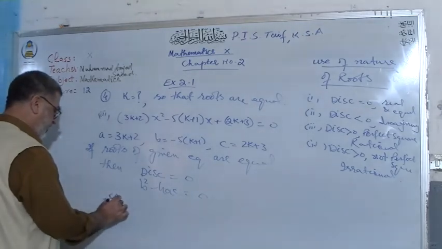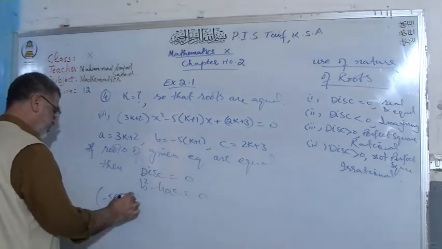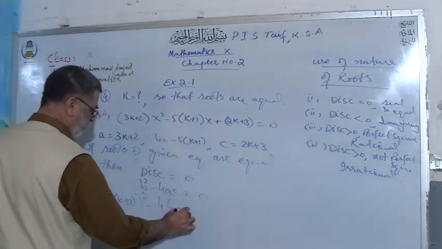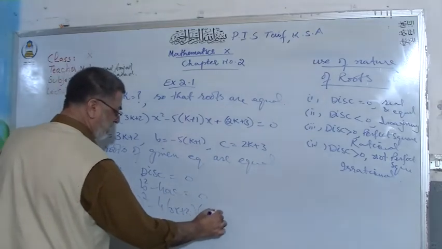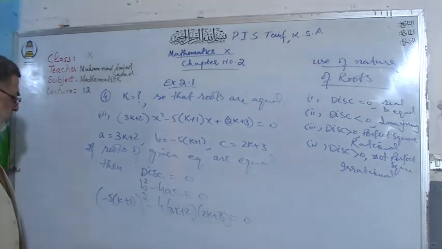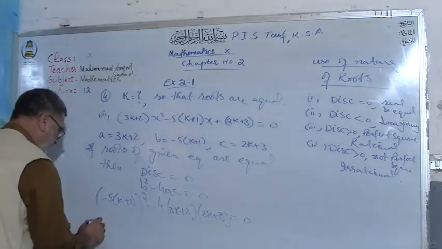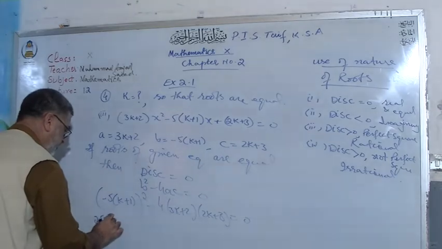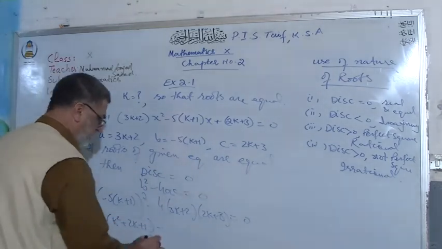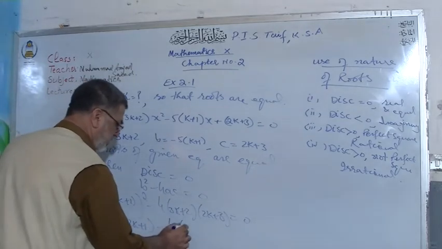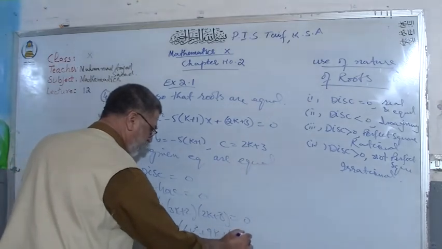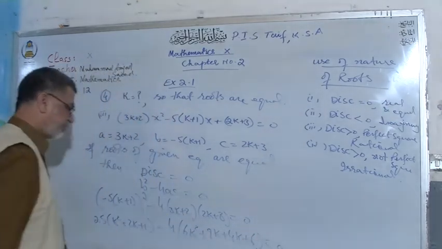Minus 5 into k plus 1 whole square minus 4 into a, 3k plus 2, and c is 2k plus 3, that is equal to 0. Now we will open up the square formula. 25 into k square plus 2k plus 1 minus 4 into 6k square plus 9k plus 4k plus 6 is equal to 0.